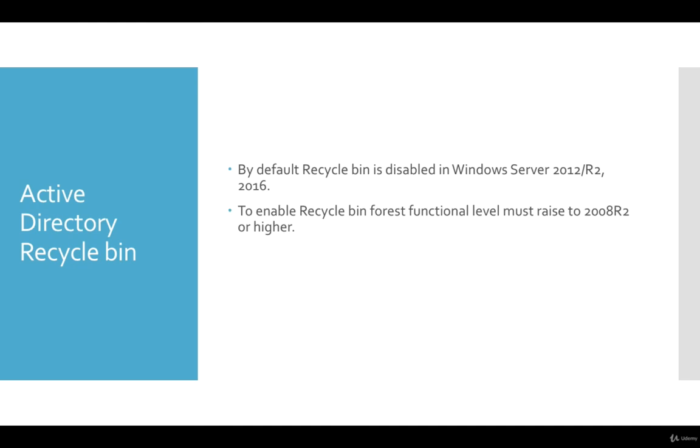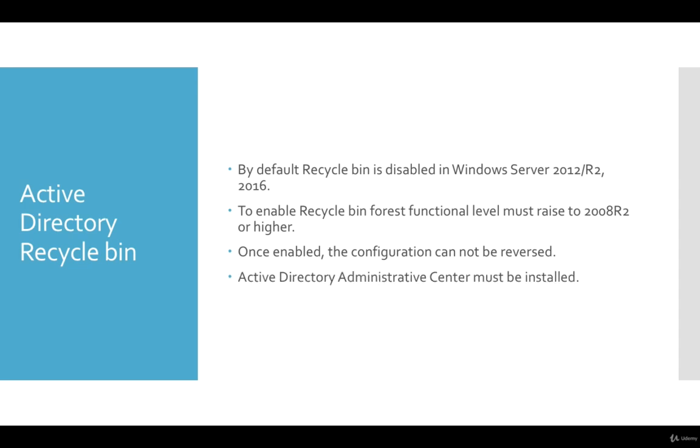To enable Recycle Bin, you need to raise the forest functional level to 2008 R2 or higher, like 2012 or 2016. Once you enable the Active Directory Recycle Bin, this configuration cannot be reversed. To use Active Directory Recycle Bin, Active Directory Administrative Center must be installed.